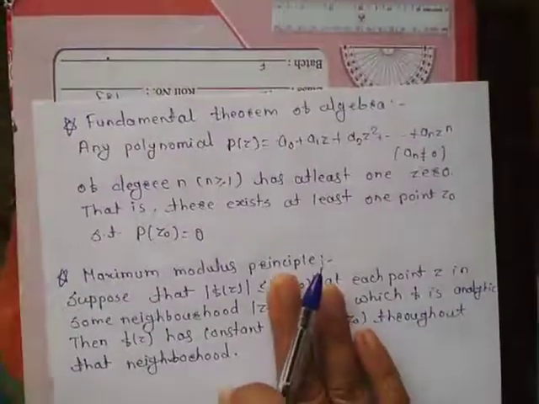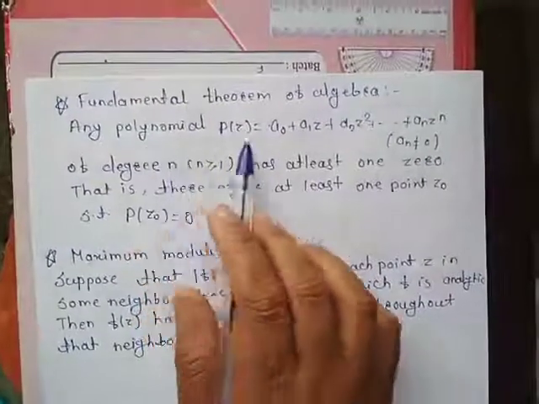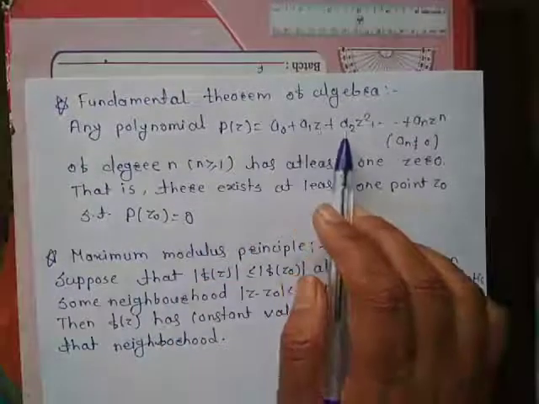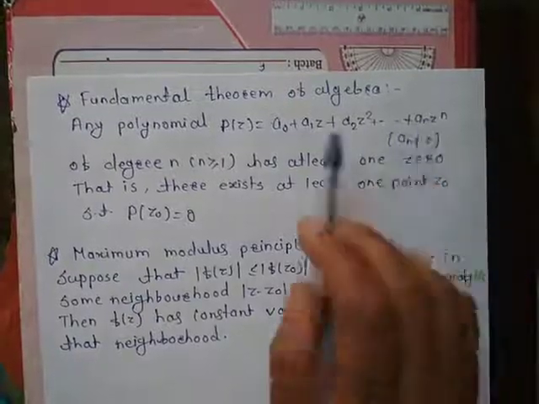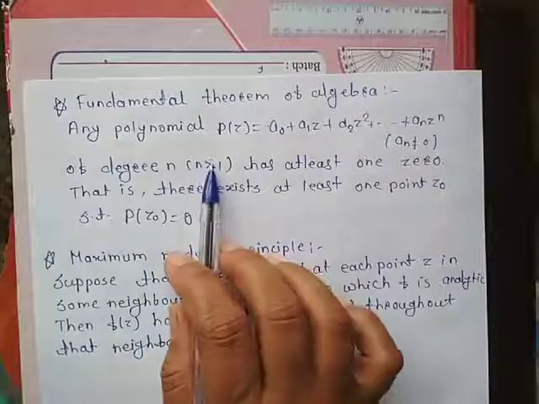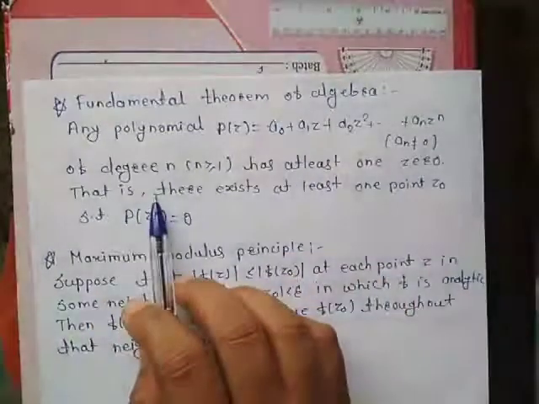Next theorem is the fundamental theorem of algebra. Any polynomial p of z equal to a0 plus a1 z plus a2 z squared and so on up to an z raised to n, of degree n, where n is greater than or equal to 1, has at least one zero.